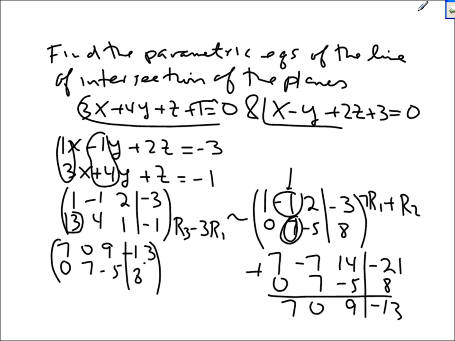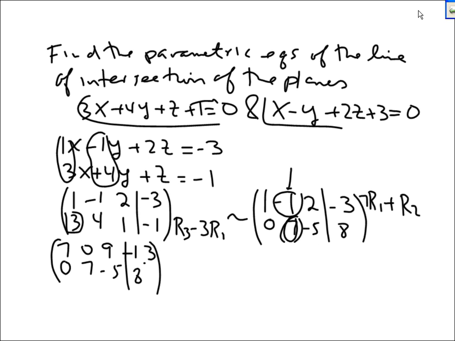And one can say now that this matrix at the bottom left is in reduced row echelon form. It's in RREF form. Well, except for getting the ones for the leading entries. So I'm going to divide row 1 by 7.